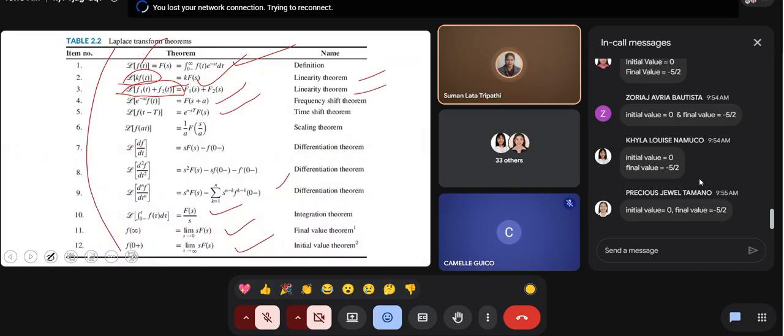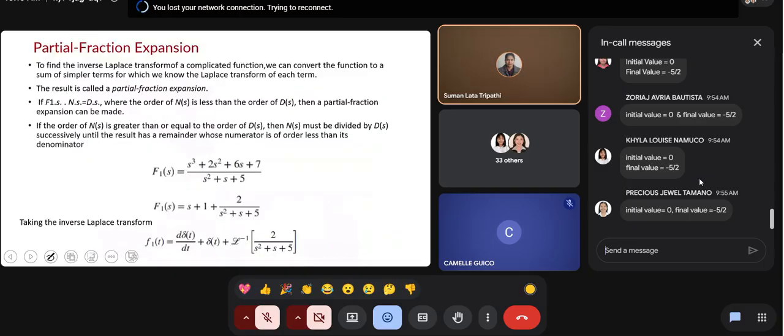This one is the linearity theorem, and this is frequency shift, time shift, scaling theorem. Because if you take the Laplace transform of the function f(at), it will have this kind of answer. You can check whether it is giving the same answer or not. And this is for differential, integral, and final value and initial value.